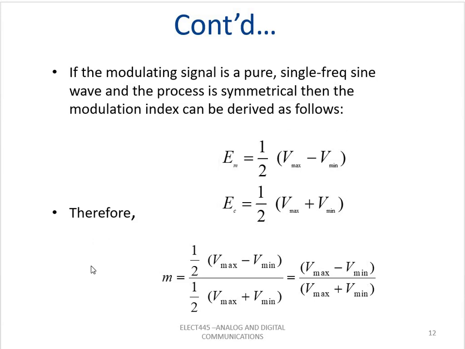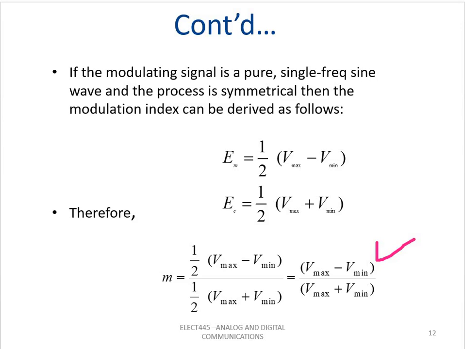So we can get the modulation index, as we said, Em divided by Ec. Putting in the values from the above equations, the 2 and the 2 cancel out, and we get (Vmax minus Vmin) divided by (Vmax plus Vmin). So from this formula also we can calculate the modulation index.